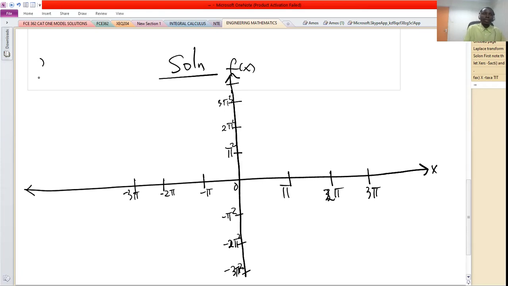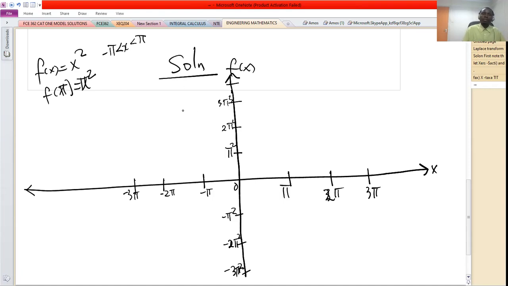So the key thing is that f of x is x squared in the interval minus pi to pi. Therefore, we draw this graph, f of pi, which is pi squared, in this given interval.